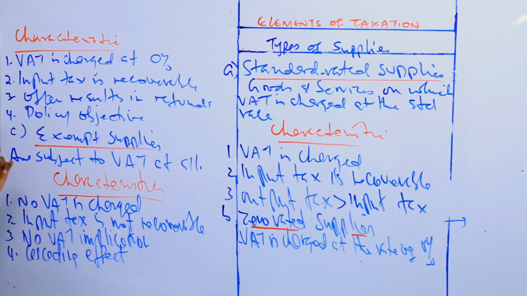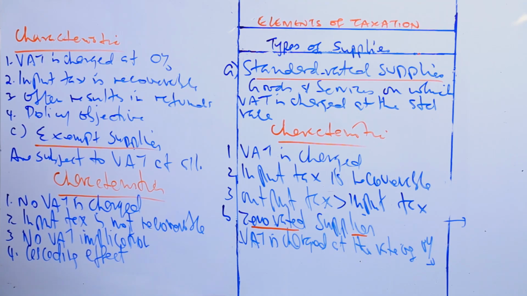We may also have medical and veterinary services provided by hospitals, clinics, doctors, and veterinary practitioners. Another example is public transport of passengers: buses, matatus, trains, domestic air travel, and so on.